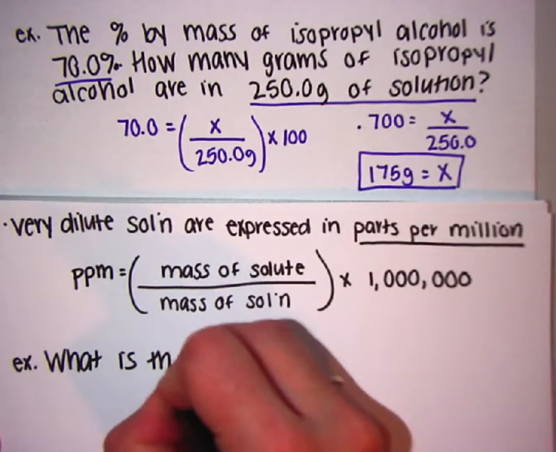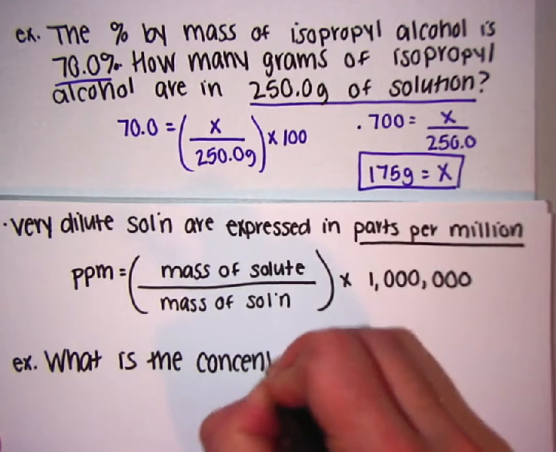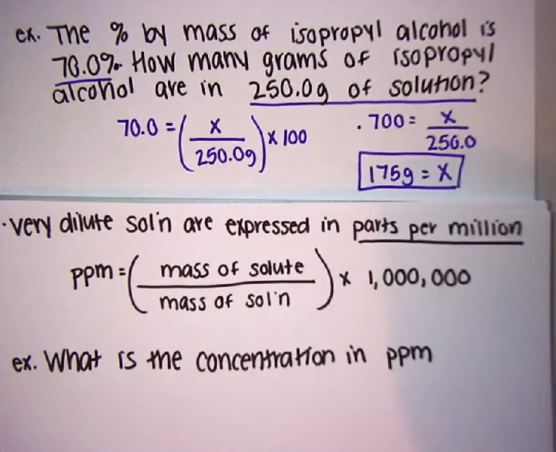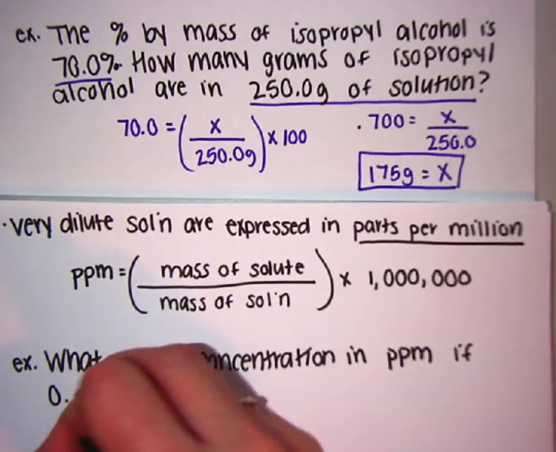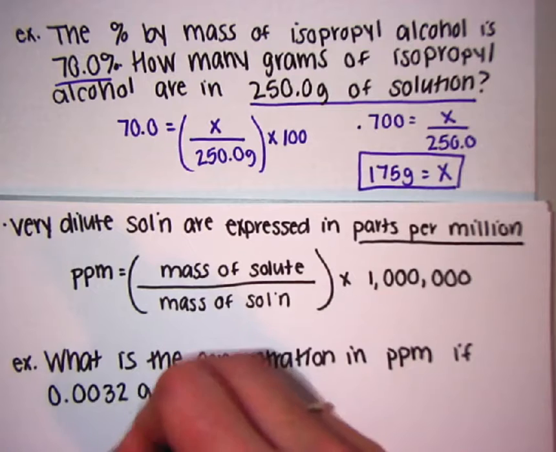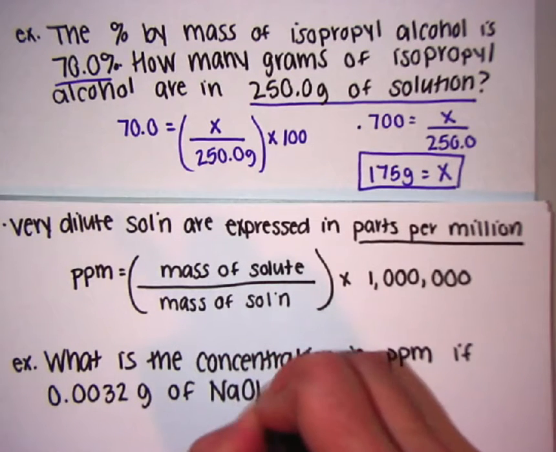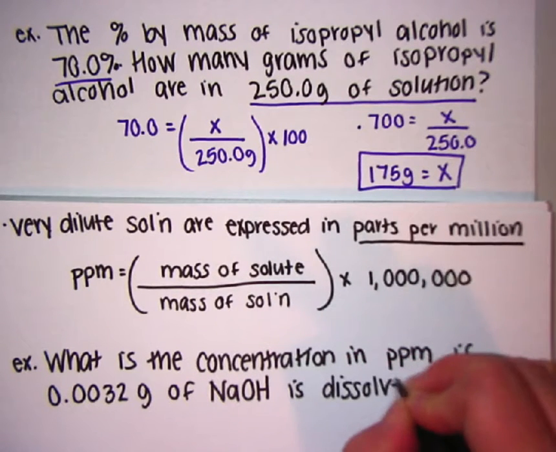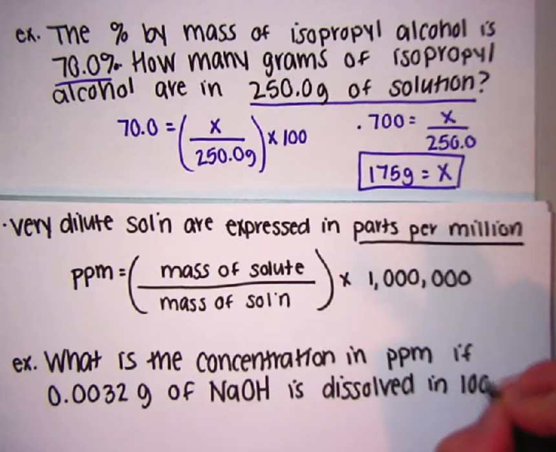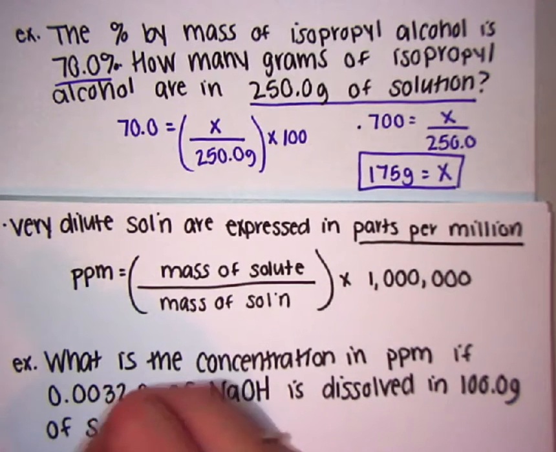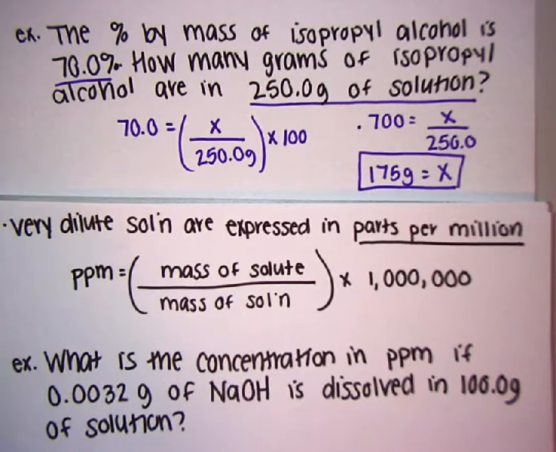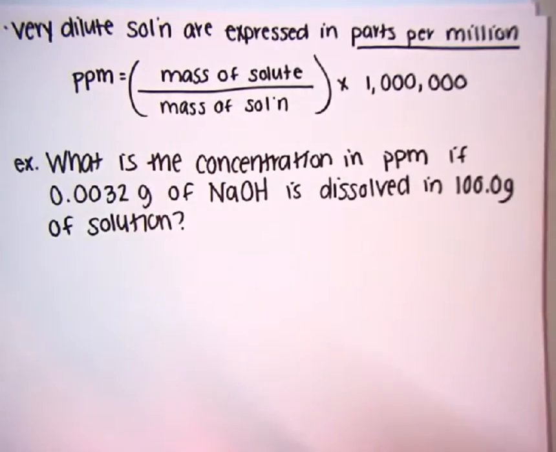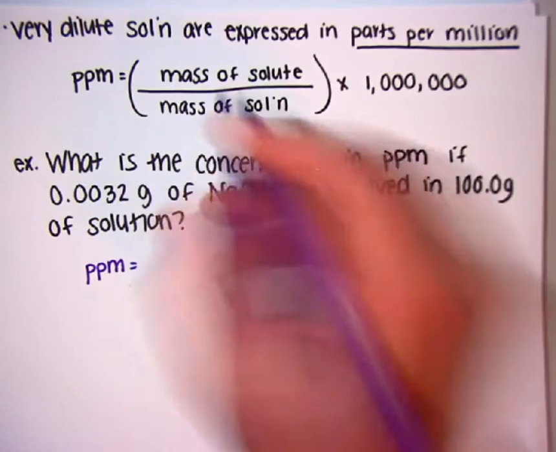So let's say you were asked, what is the concentration in parts per million if 0.0032 grams of sodium hydroxide is dissolved in 100 grams of solution. So we're going to take the mass of the solute.